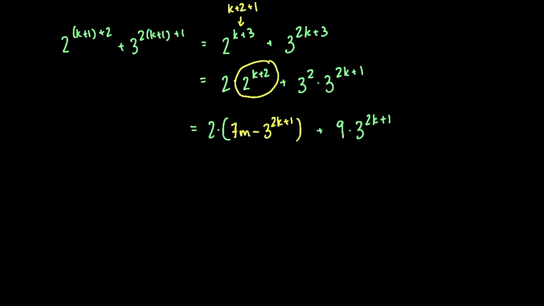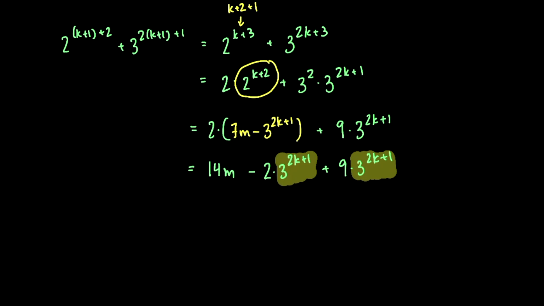Okay, and let's keep going. Let's expand out this 2 to each term. So I've got 14m minus 2 times 3 to the 2k plus 1, and you might see where this is going, plus 9 times 3 to the 2k plus 1. I've got a common term here, 3 to the 2k plus 1, so I can factor that out, and what I'm left with is minus 2 and 9.